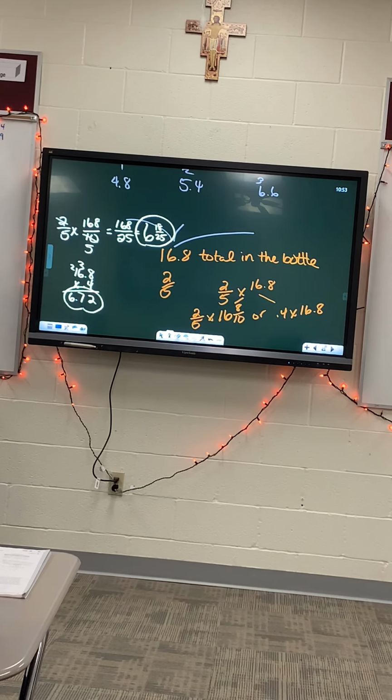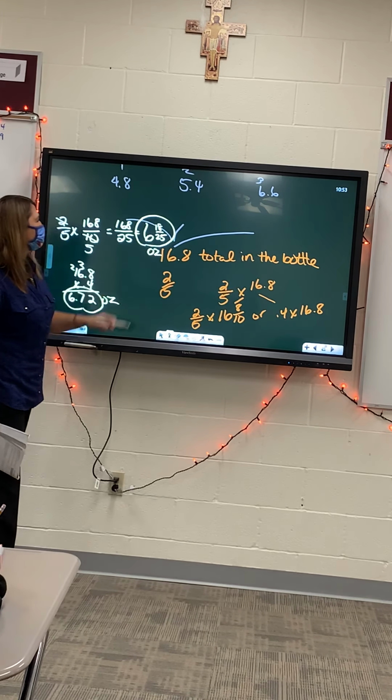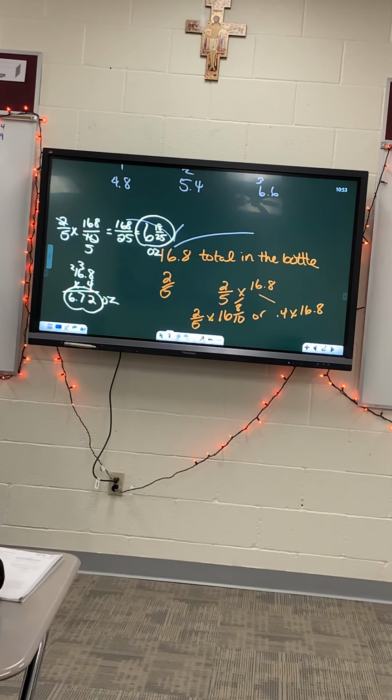Good. So, the hairdresser used 2/5 of the shampoo from the new bottle. How many ounces of shampoo did she use? 6.72 ounces or 6 and 18/25 ounces. And we did it 2 ways. They told us to do it 2 ways.